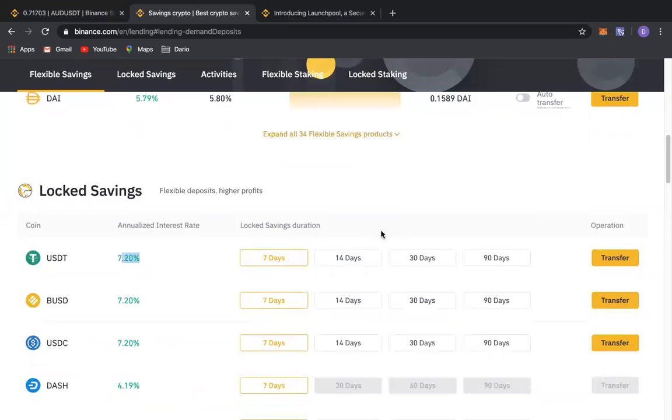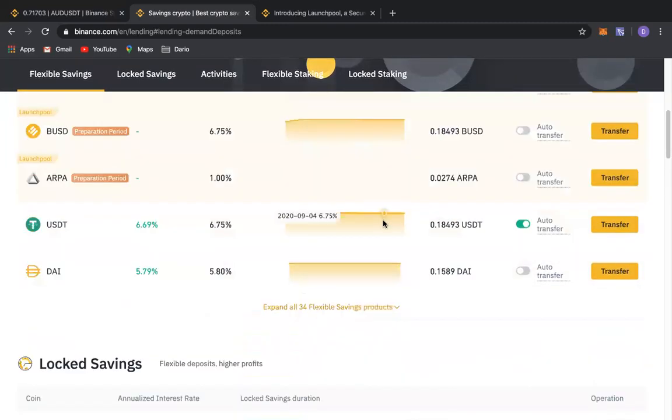So this makes it quite easy for someone who's new to crypto to deposit their fiat currency and earn a little bit of extra money to begin trading with, or just to get in the game or throw a few investments around.